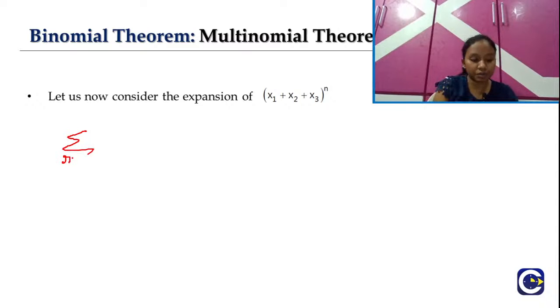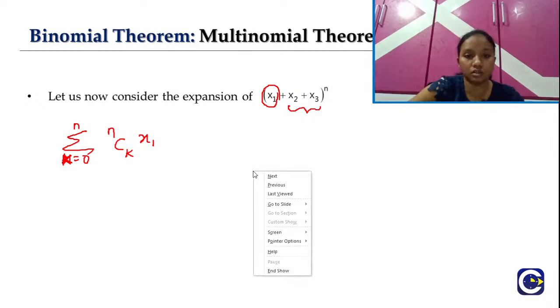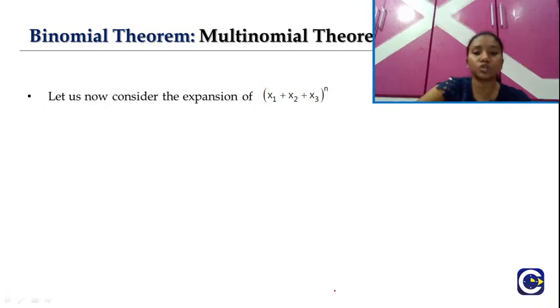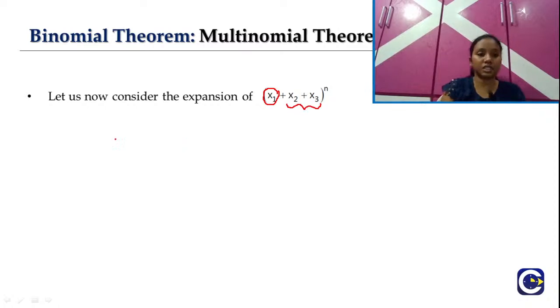What I am doing is considering x1 as one term and x2 plus x3 as another term. In the previous one we had only two terms, so it was easy. Now, as we have three terms, I am considering x1 as one term and x2 plus x3 as a separate term.